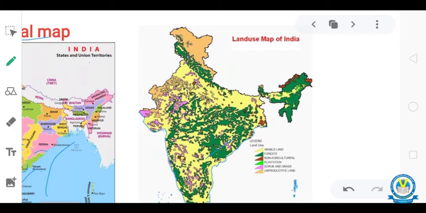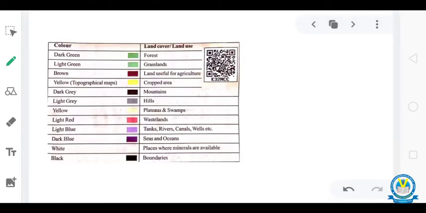But in a land use map, we use different kinds of symbols, colors, and patterns. Observe this table, because it helps to show the different purposes of land use.